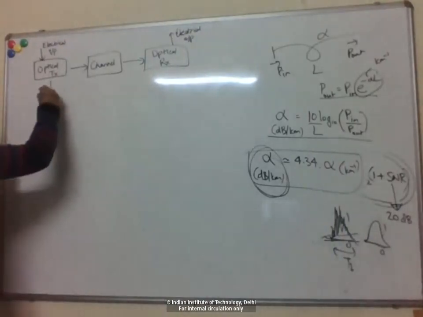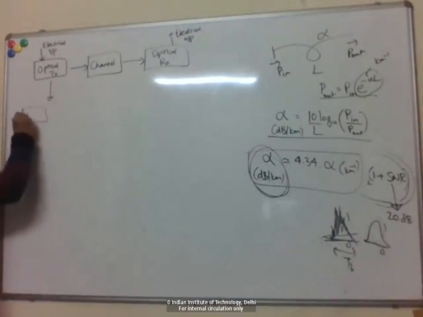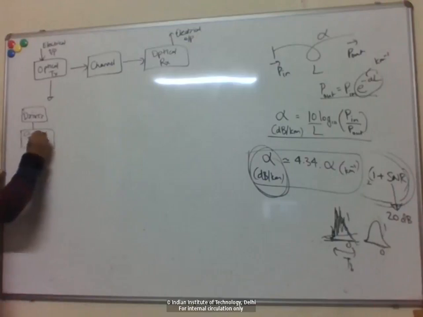Right, so if you look at each of these, for example, the optical transmitter, basically you have an optical source. So this is some light source. Nowadays we basically only use lasers, semiconductor lasers.